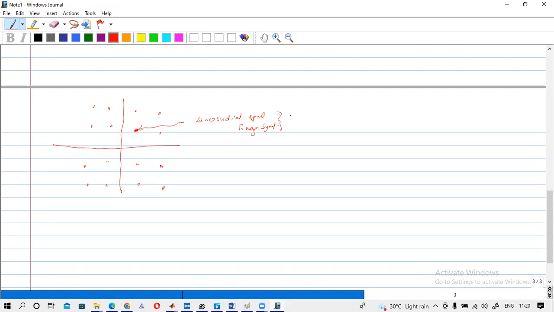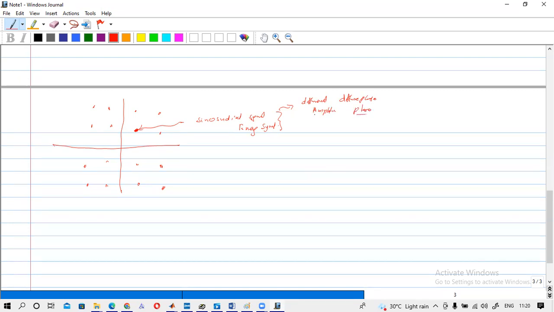So in 16 QAM, your sinusoidal signal will have different amplitude and different phase. Which part affects the energy or power of the signal, amplitude or phase?